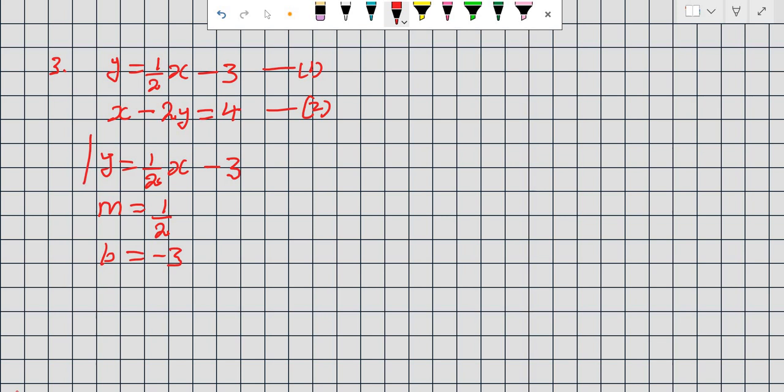So this is equation 1 in slope-intercept form. All right, let's now convert equation 2 to slope-intercept form. So we have x minus 2y is equal to 4. Let's subtract x from both sides, so x minus x will cancel out.